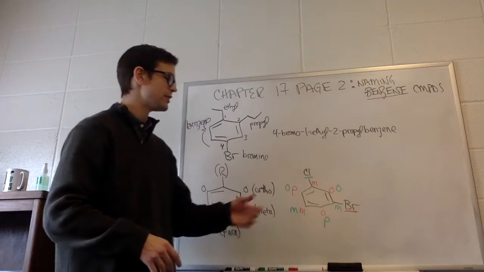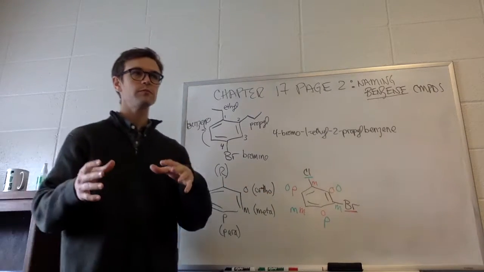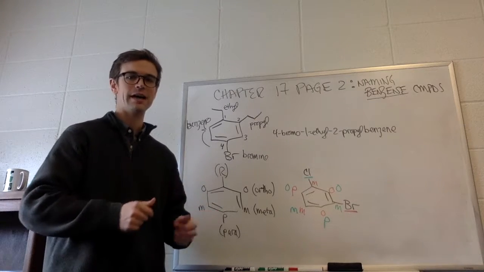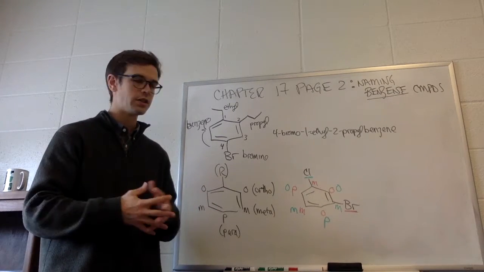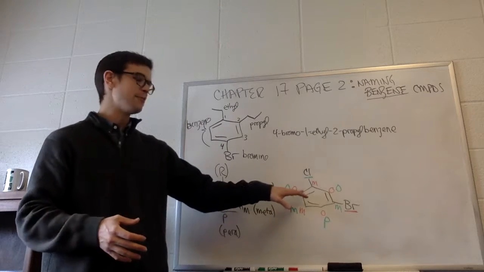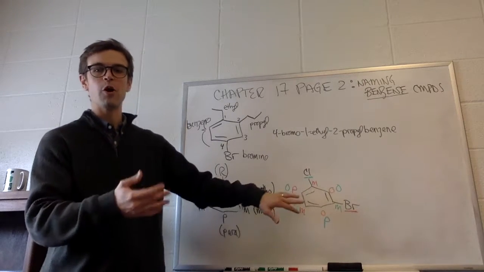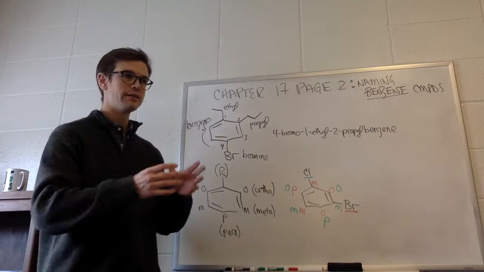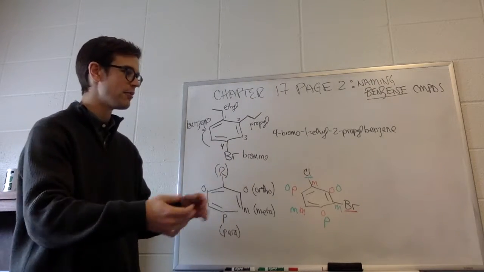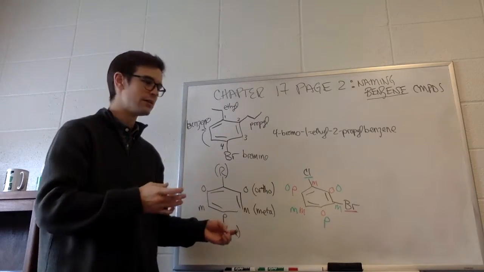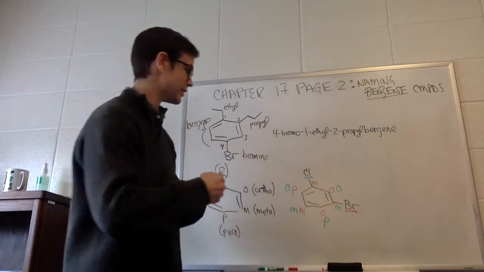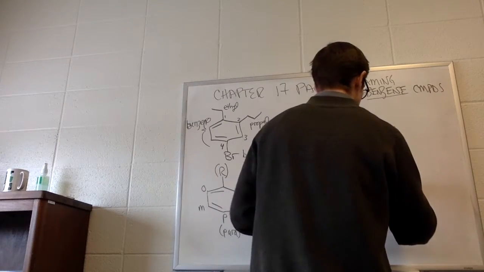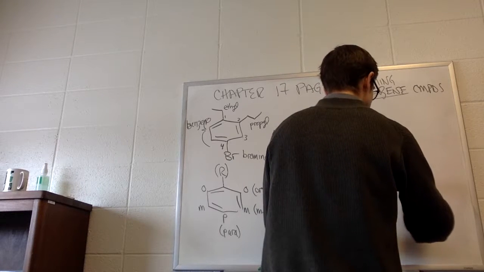So how would this be named? We like it when things are alphabetized. That's a standard rule of nomenclature. So this can either be chlorobenzene or bromobenzene. Because for the full parent name we want the lowest alphabetical order, we're going to call it bromobenzene.